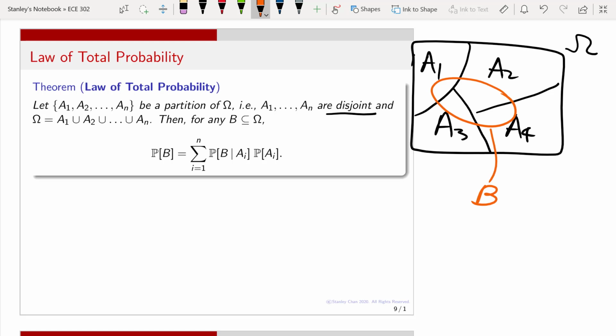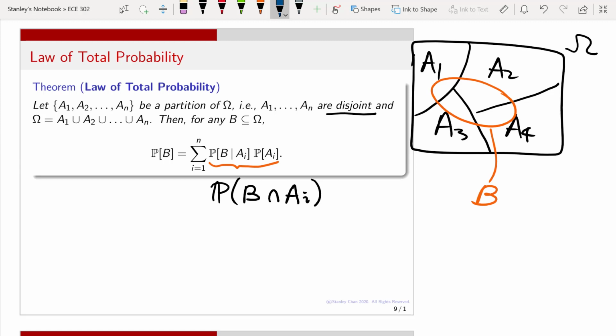And then inside the summation, you have this conditional probability of B given Ai times P of Ai. So what are they? Well, if you recall the definition of a conditional probability, this is nothing but P of B intersect with Ai.